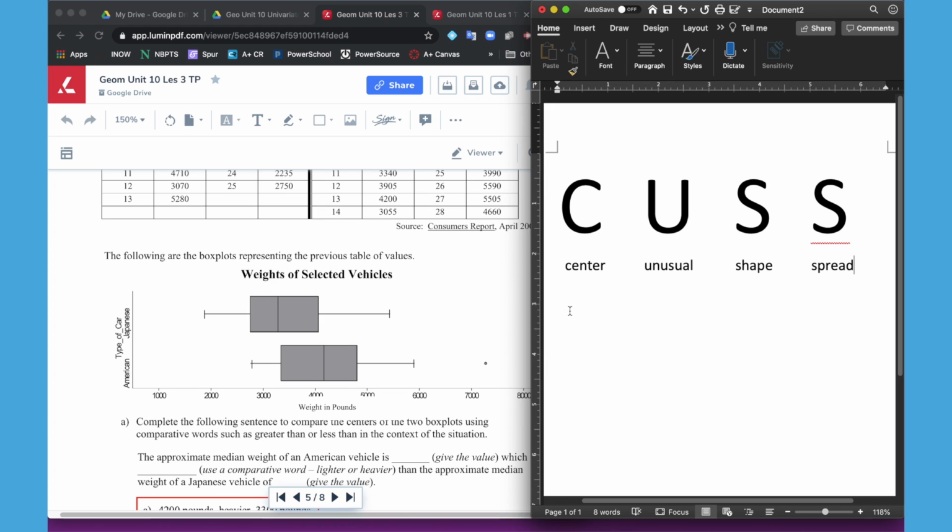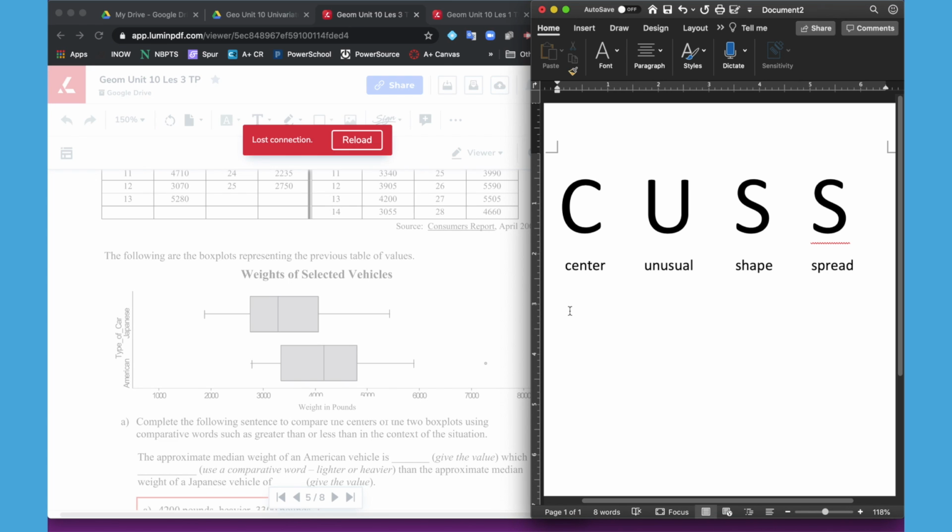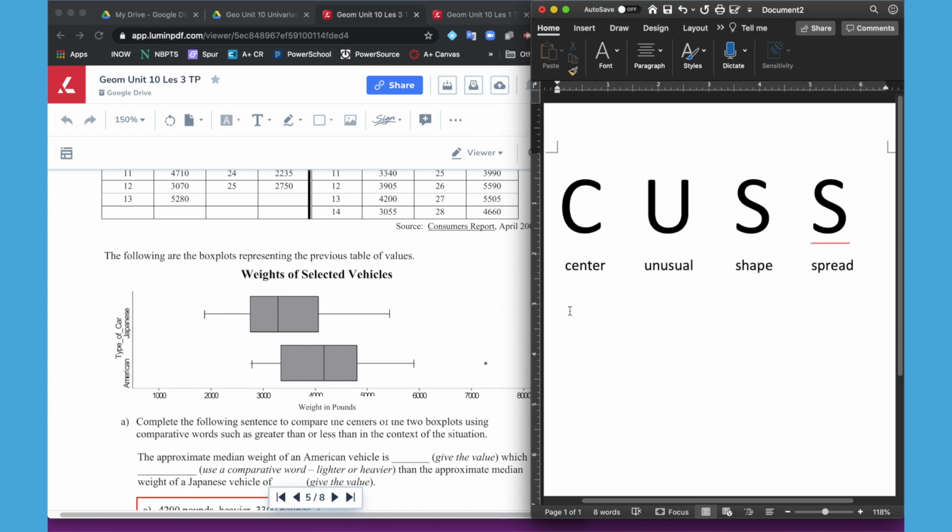And two, when they're asked to compare, they make a list and write the word CUSS on the test, and they CUSS this graph and they CUSS the other graph, and they never use these comparison words to compare the two, and they therefore get a 0 for that question, because the directions say to compare, and if they never use the comparison words, they'll never get a score. Okay, I hope that helps with describing and comparing graphs.